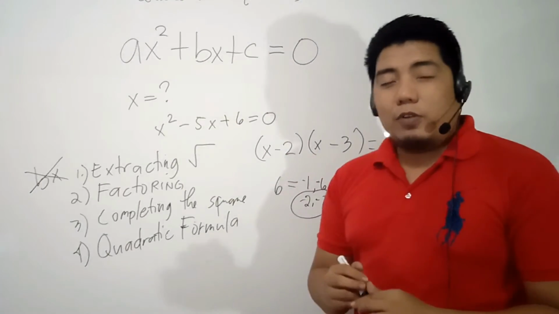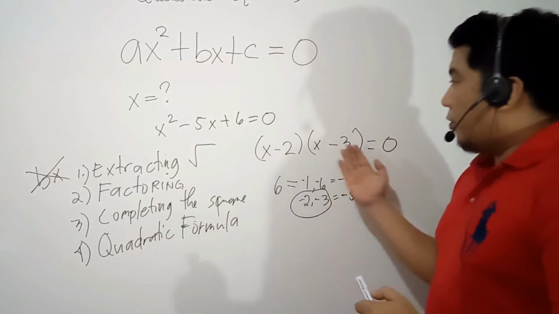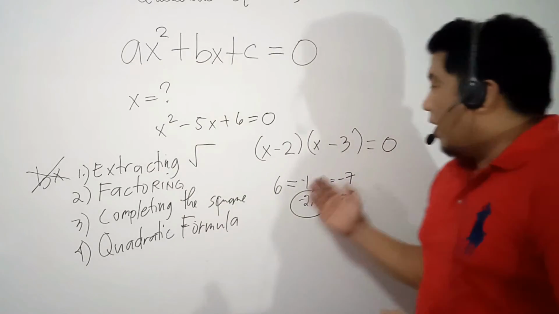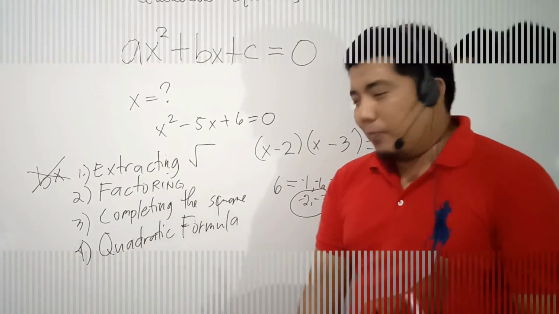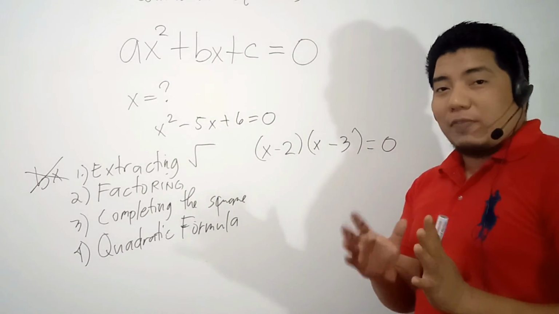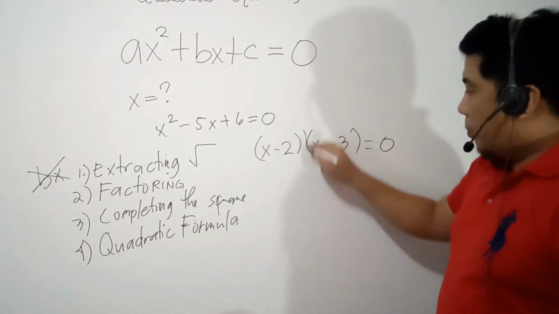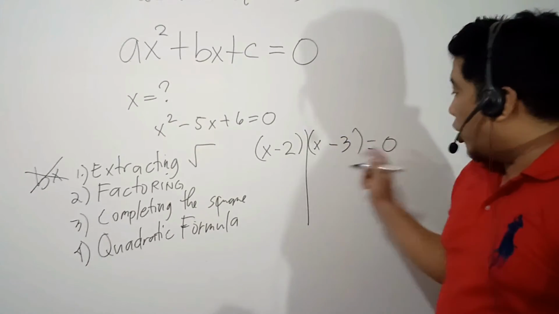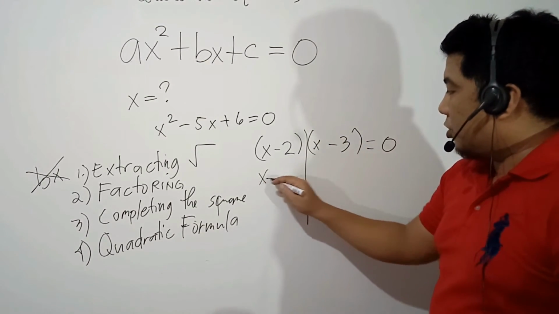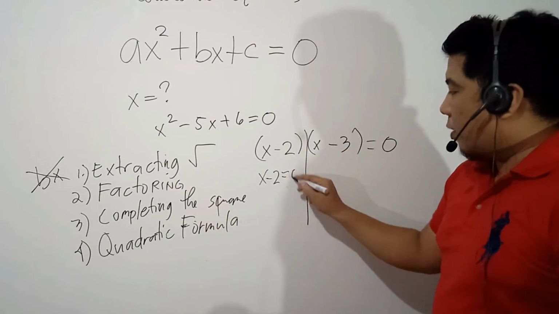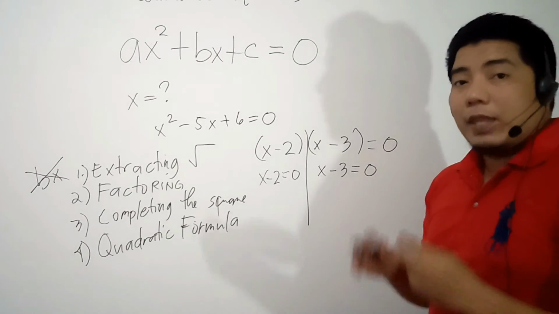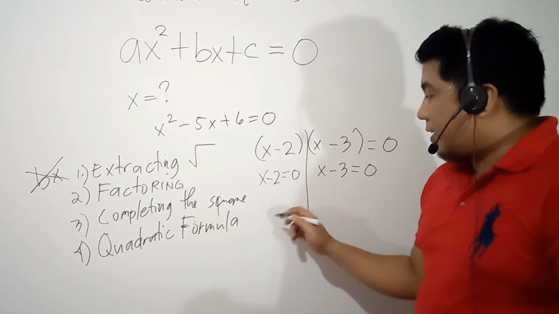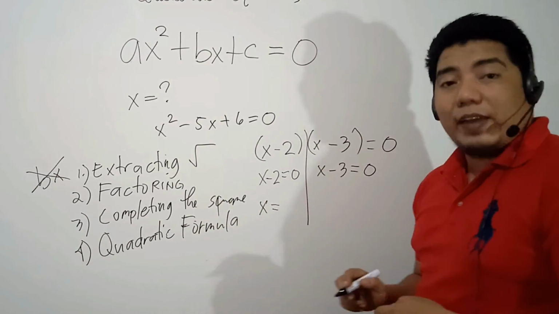If you have already finished factoring the given quadratic equation, then you are good to go in solving for the value of x. How? Very simple. You make a separation and equate both factors to 0. So x minus 2 equals 0 and x minus 3 equals 0. Then you just transpose to isolate the value of x.